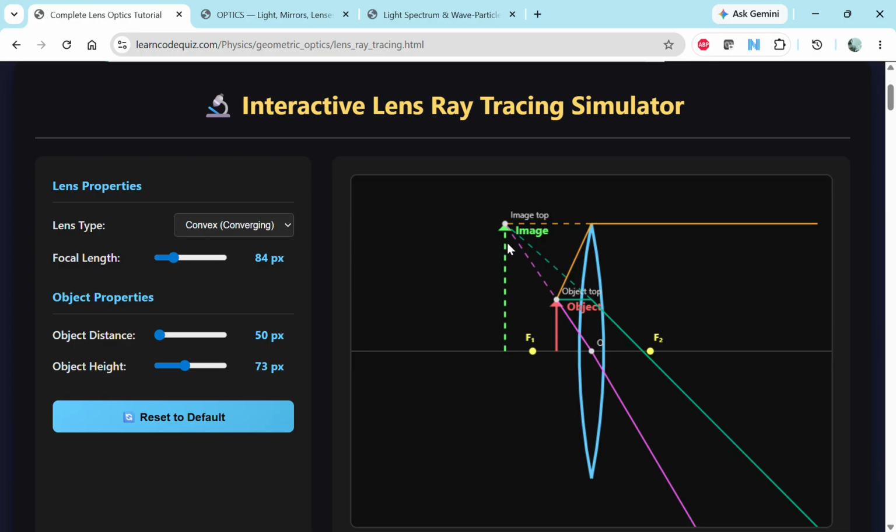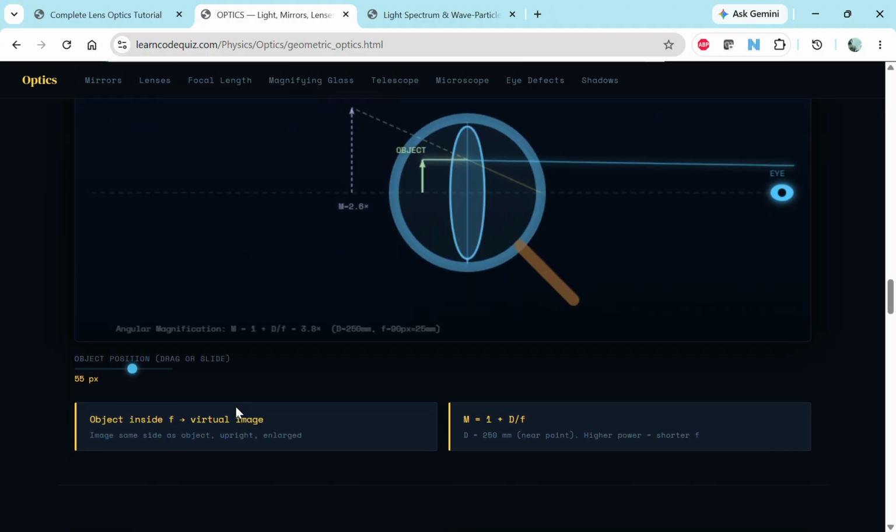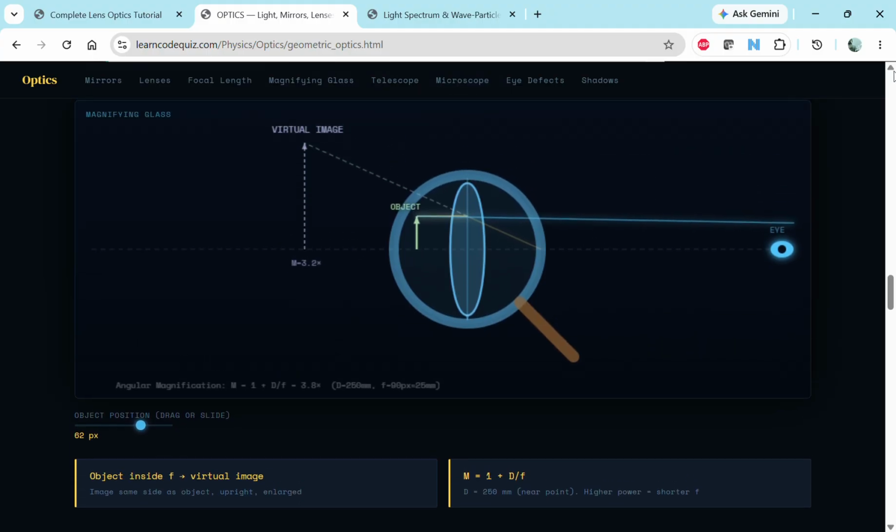And that's the reason why you use a magnifying glass to see objects or letters which look very small. You can see them bigger with the magnifying glass. So now we know how this magnifying glass works, right? And you can play nicely in this link with the object position.